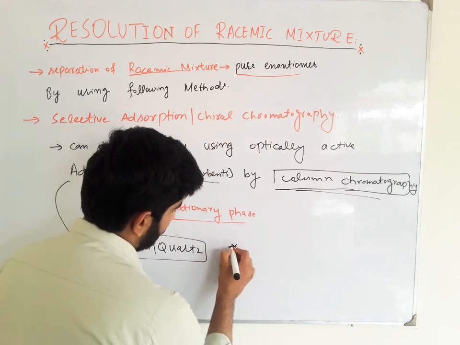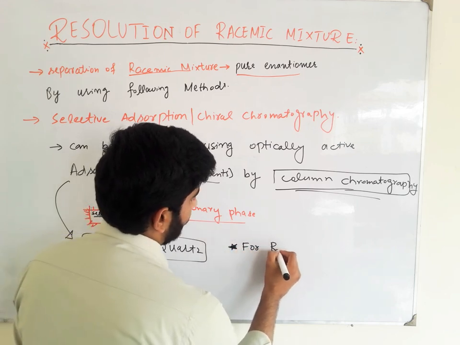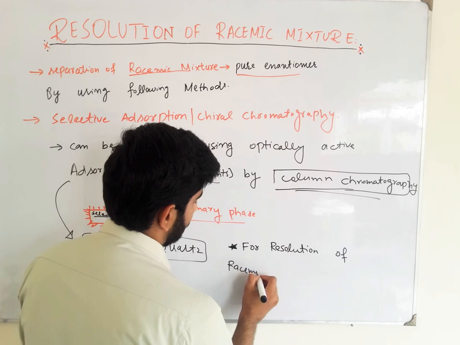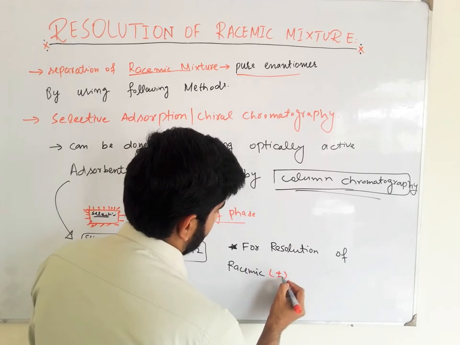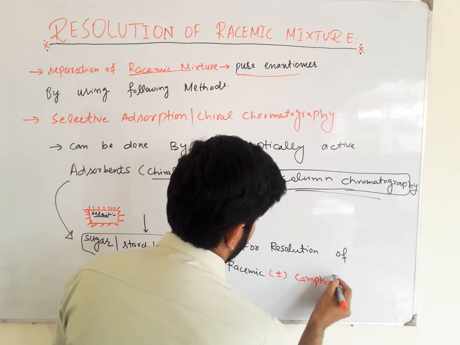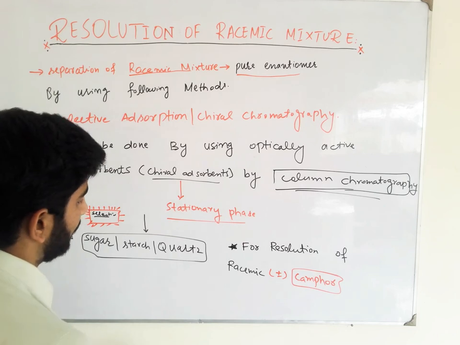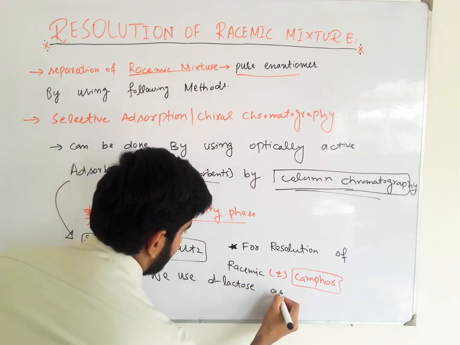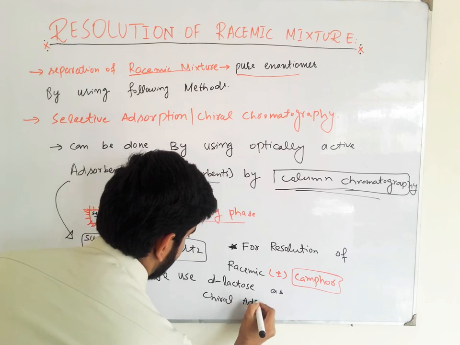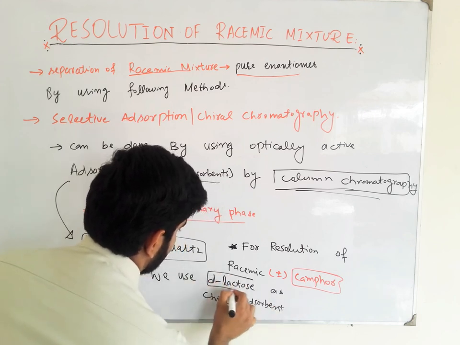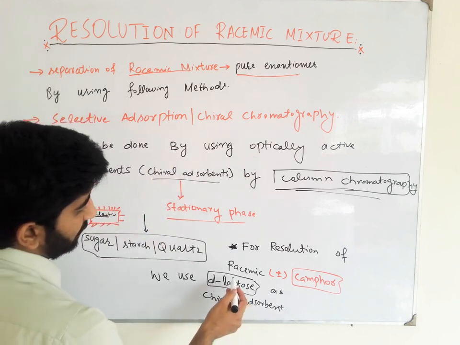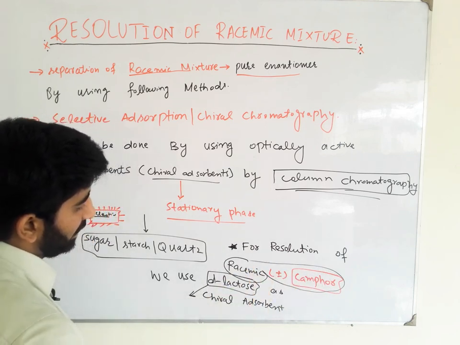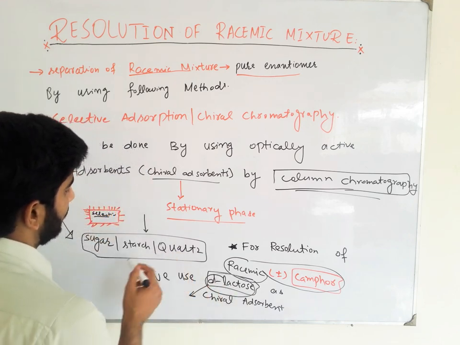For example, for the resolution of racemic camphor, we use D-lactose as chiral adsorbent, and we separate the racemic mixture of camphor into its optically active pure enantiomers by using D-lactose as chiral adsorbent.